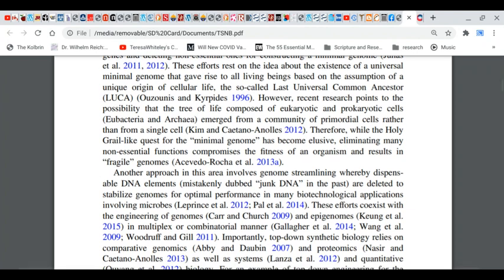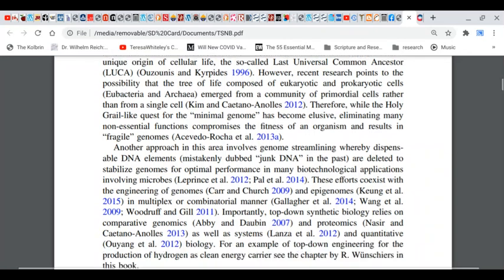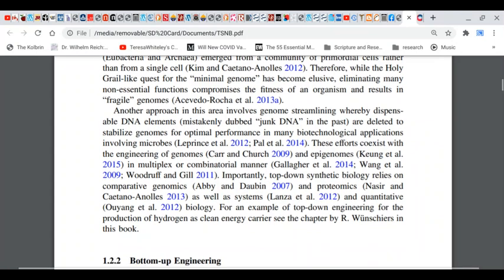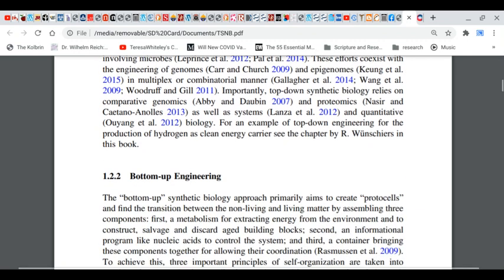These efforts coexist with the engineering of genomes and epigenetics in a multiplex or combinatorial manner. Importantly, top-down synthetic biology relies on comparative genomics as well as systems and quantitative biology. For an example of top-down engineering for the production of hydrogen as a clean energy carrier, see the chapter in this book.